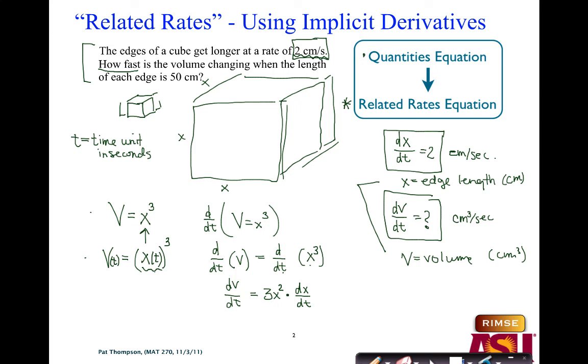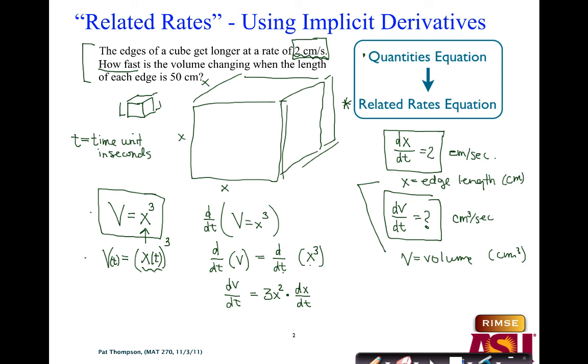That's where this 3x squared comes from. This 3x squared times dx/dt, that's taking the derivative of this something cubed with respect to something else. So derivative of x cubed with respect to t, derivative of y cubed with respect to x, whatever it might be. If this letter and that letter don't match, we get to do chain rule. So we started with a formula that related V and x.